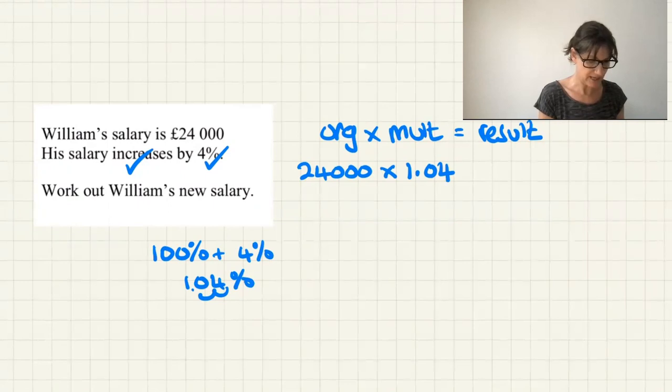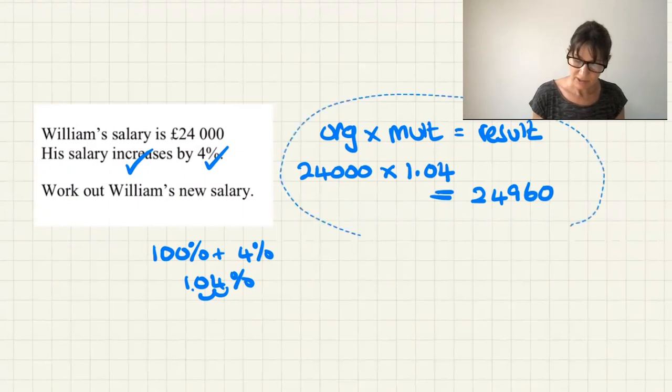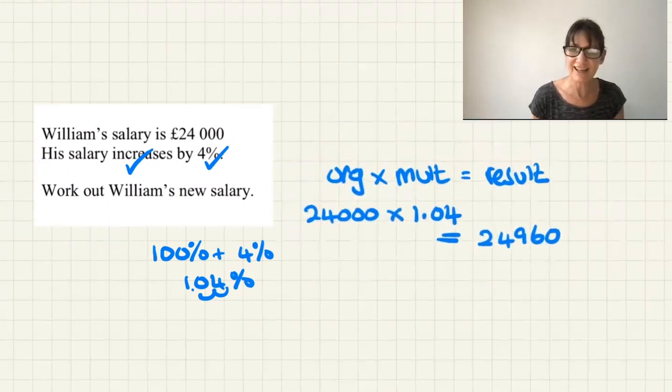So 24,000 times 1.04 is equal to 24,960. It is a money question, so make sure that you've got those units showing. And that is basically increasing and decreasing using a multiplier.